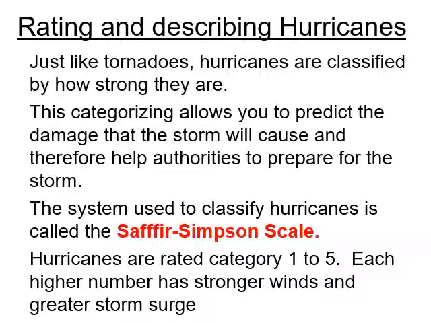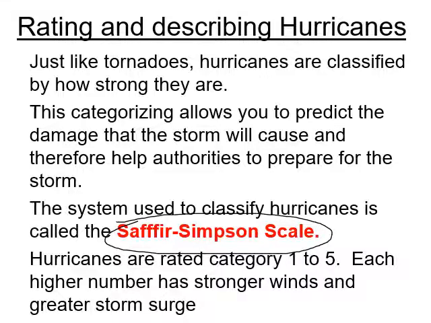Now, rating and describing hurricanes. They're not all the same. Some are more powerful than others, just like tornadoes. And we categorize hurricanes by how strong they are. This allows you to predict, well, how much damage can I expect from this storm versus another? How much do I have to be prepared for this one versus another? The system used to rate hurricanes is called the Saffir-Simpson scale.